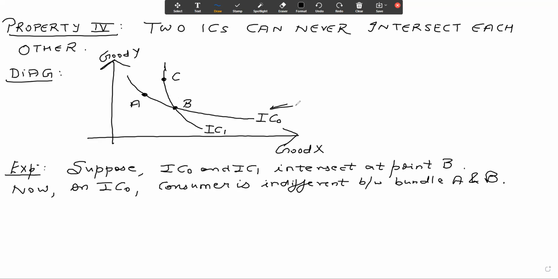That means the consumer gets equal satisfaction from both A and B.